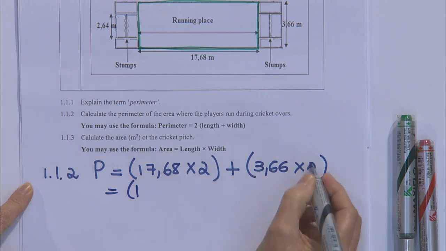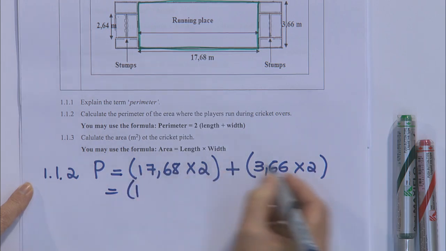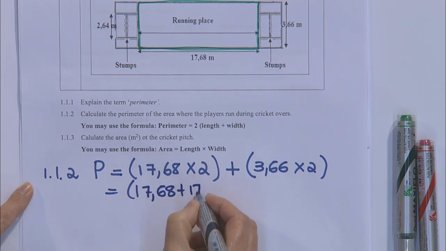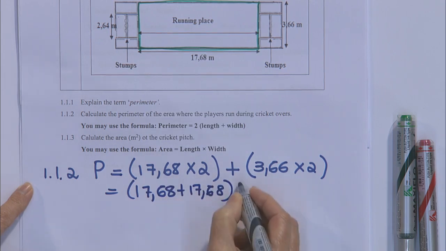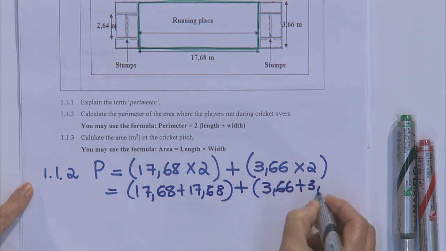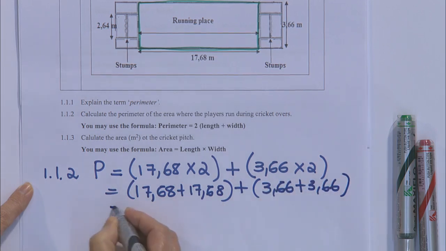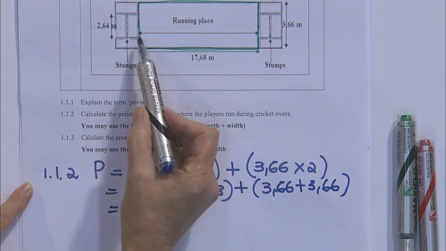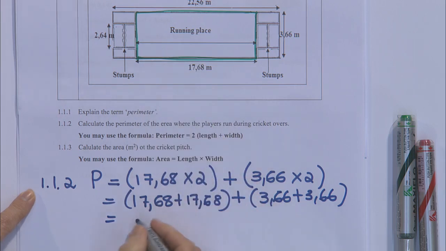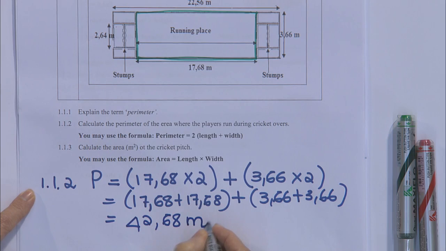You can either do it this way, or you can say 17.68 plus 17.68 plus 3.66 plus another 3.66, and then the perimeter around the running place where they're going to run will be 42.68 meters.